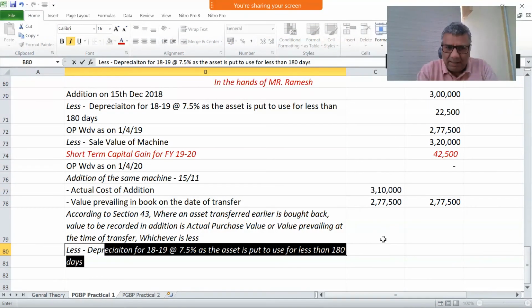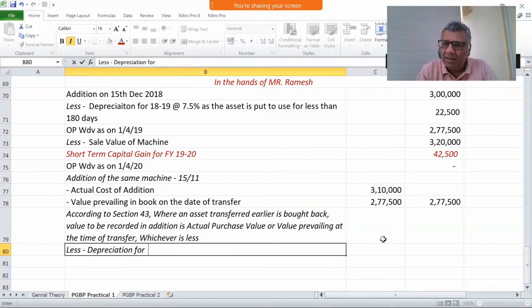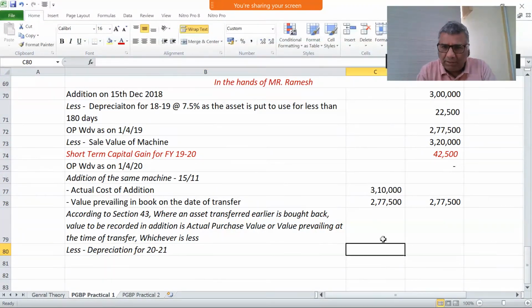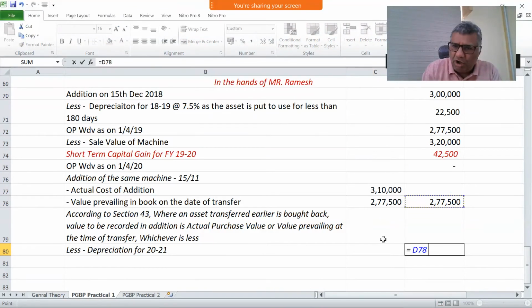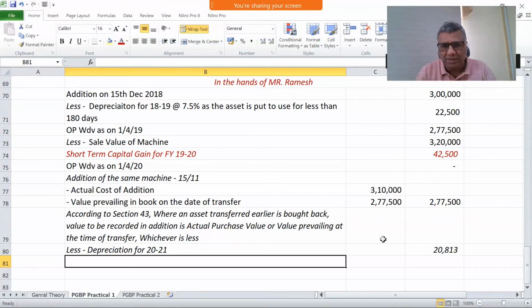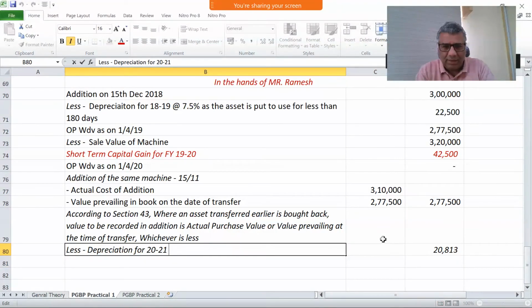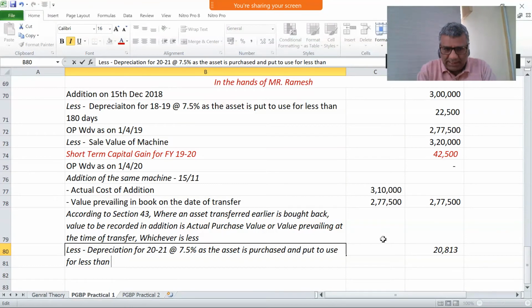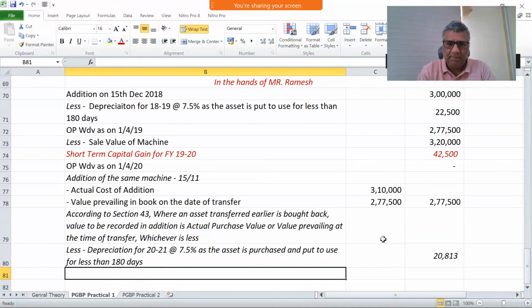Less depreciation for 2021. Again, I can claim only 7.5%, as the asset is purchased and put to use for less than 180 days. Closing WDV.